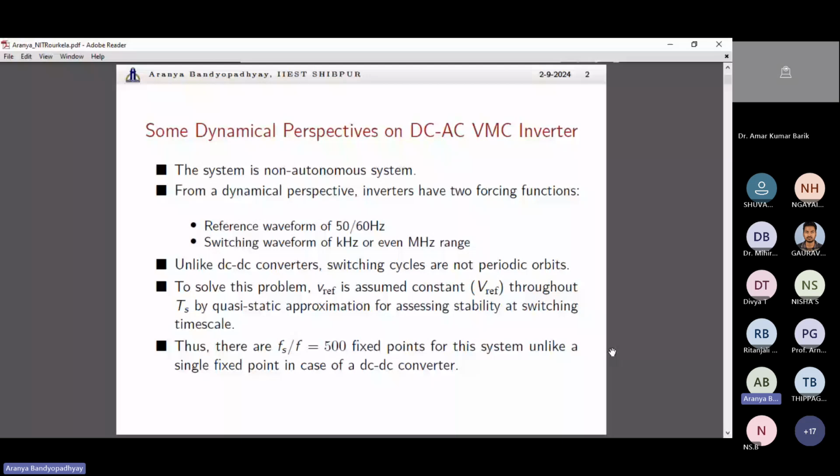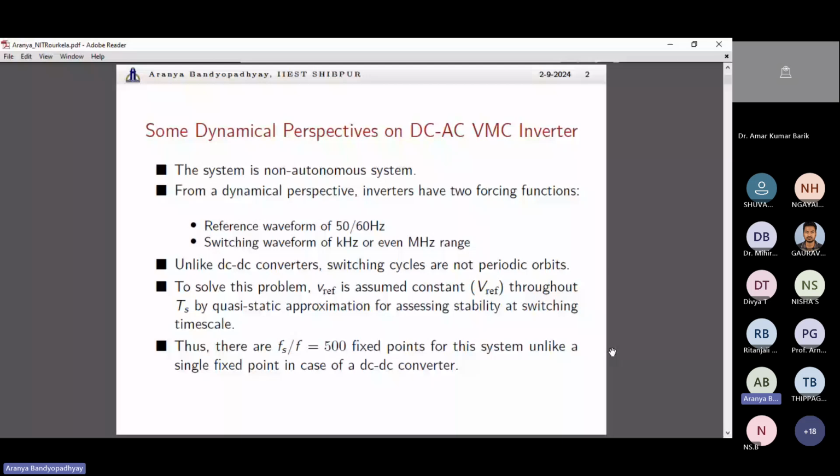For this case we are considering a single phase inverter, because when we are dealing with the dynamics, it is not wise to go for the three-phase inverter because it will only make the calculation more cumbersome, but the manifestation of various types of instabilities will be the same, whether in a three-phase or a single-phase system.